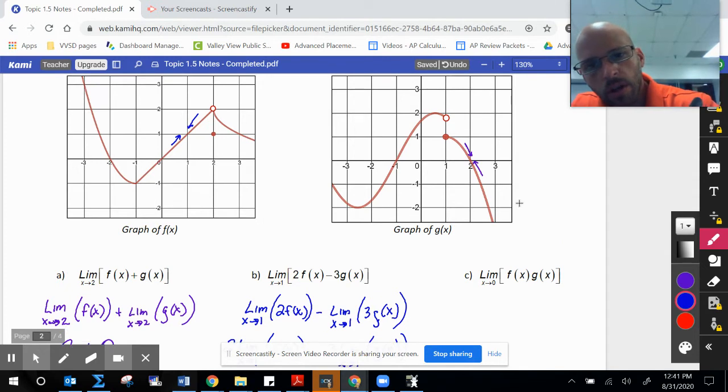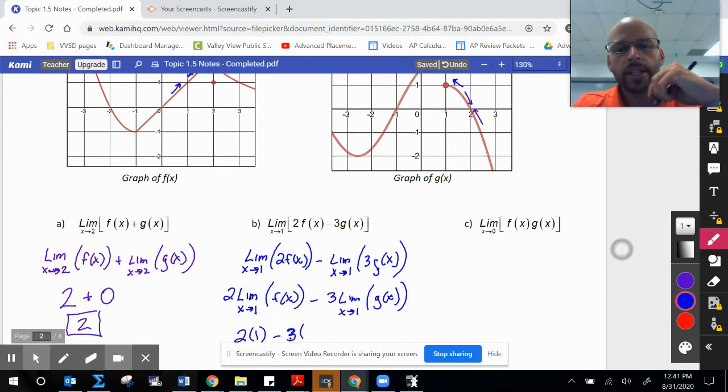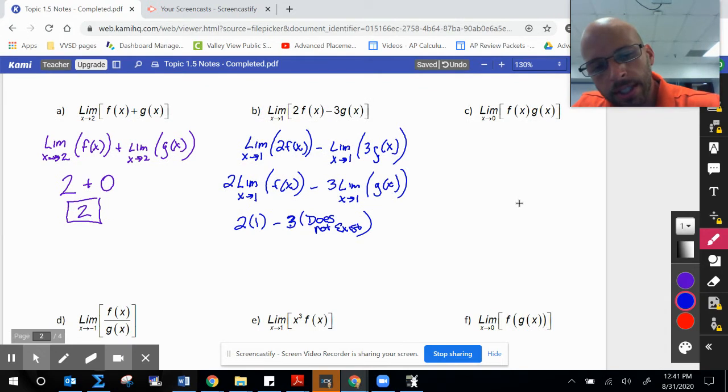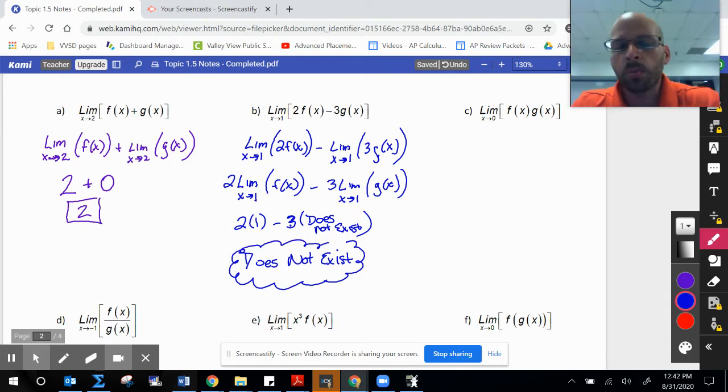Now, if you notice, for g of x, the left and right-handed limits are not going to the same values. So that limit does not exist. So since one of those limits doesn't exist, we can make the conclusion that the entire limit expression will not have an output.